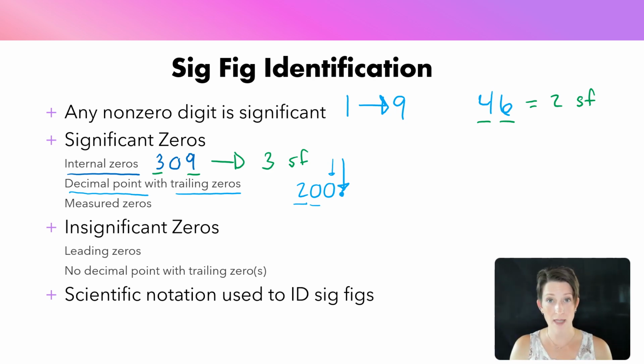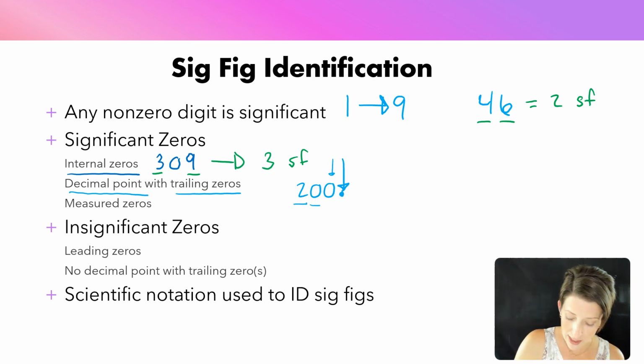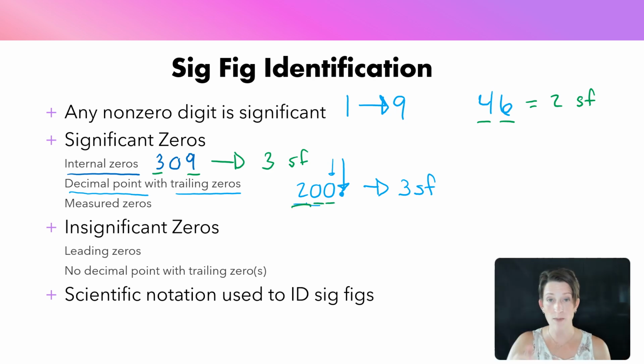We have to place a decimal. So if that line was at exactly 200, and we interpreted the ones digit as 0, we have to put a decimal. Those 2 zeros are placeholders. They put the 2 in the appropriate place value of 100. But because this is a measured value, those zeros are significant. So with that trailing decimal, we would say we have 3 significant figures because we have 3 values that have to be in those places.